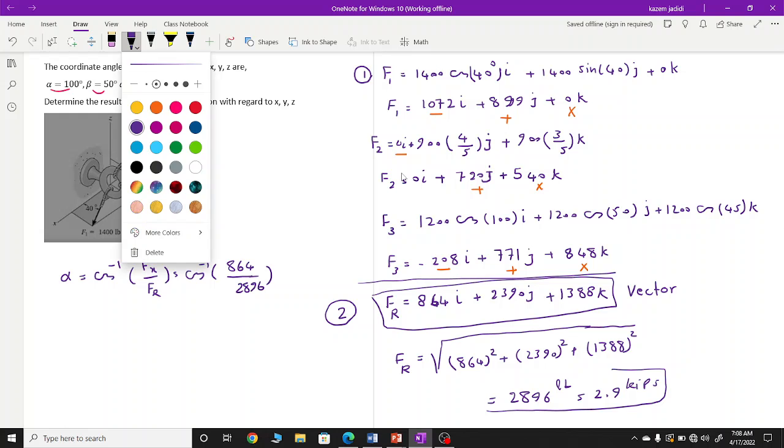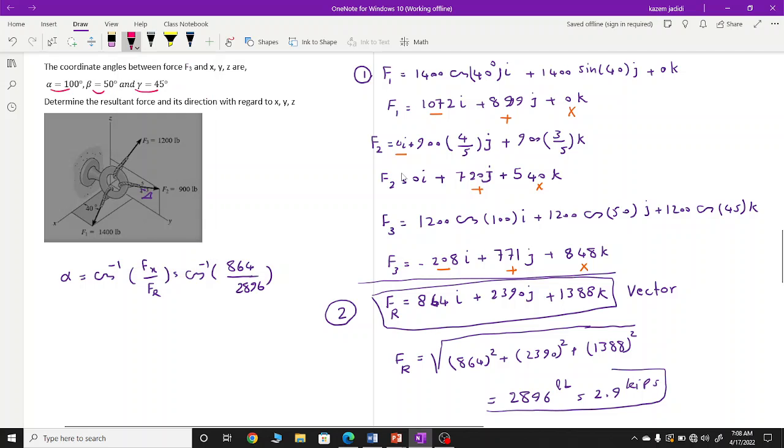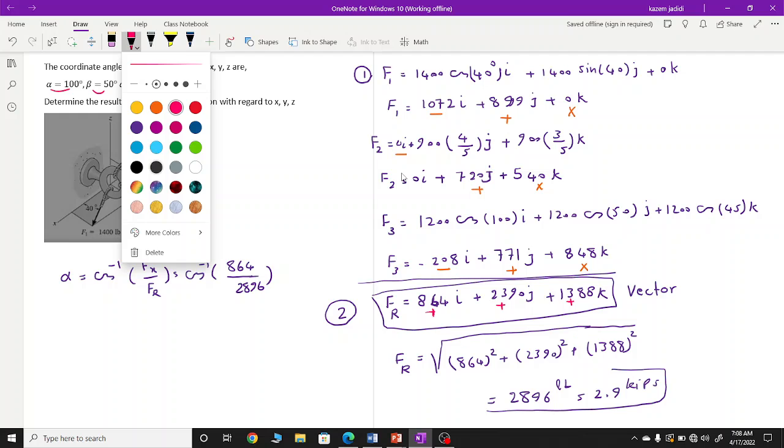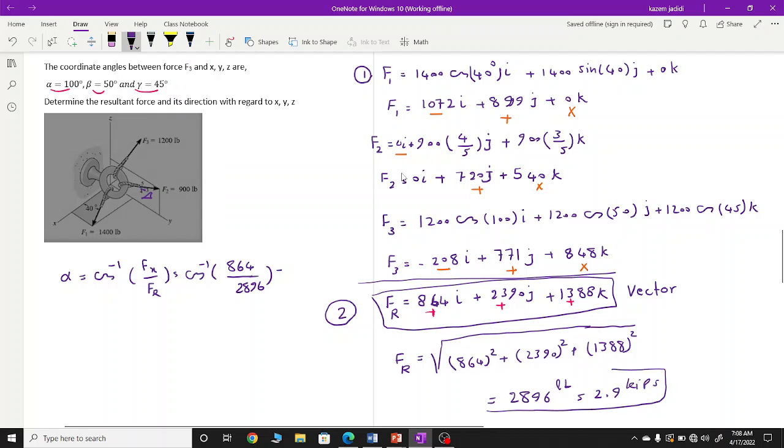Don't forget, I'm going to highlight Fx, Fy, and so this is our Fx, this is our Fy, and this is our Fz or Fk. So solve this, it will give you the angle equal to 72.6 degree.